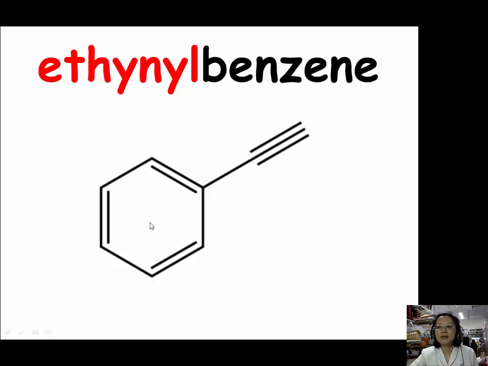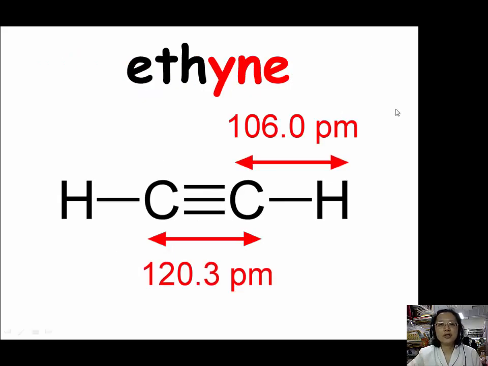In research, it's sometimes used as an analog for acetylene. Being a liquid, it is easier to handle than acetylene gas. Our example for the suffix yne is ethyne. Ethyne is the official IUPAC name for the organic chemical compound acetylene.